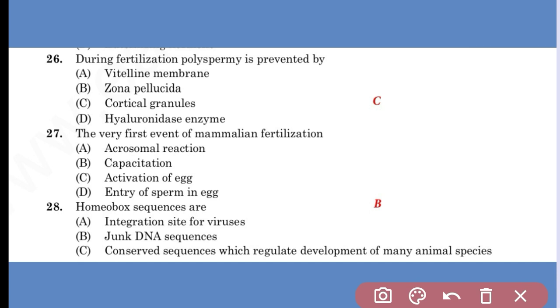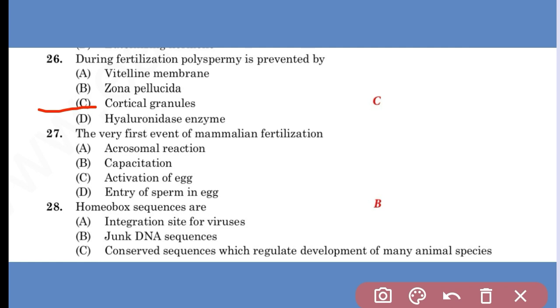Polyspermy is also prevented by the acrosome reaction, the release of hydrolytic enzyme which softens the zona pellucida. The zona pellucida is a jelly coat. A cortical reaction hardens the jelly coat, and post fertilization events prevent polyspermy. So during fertilization, polyspermy is prevented by cortical granules or a cortical reaction.